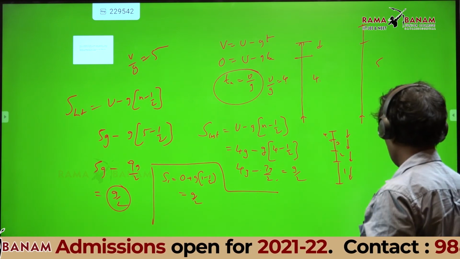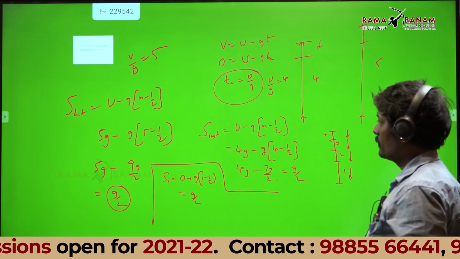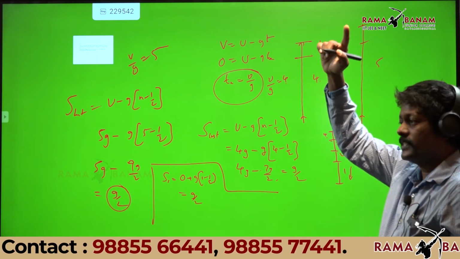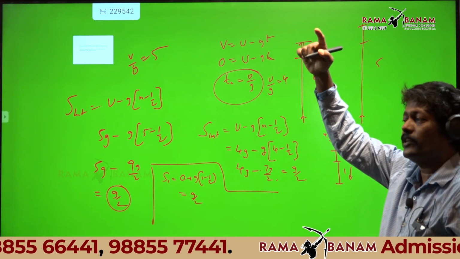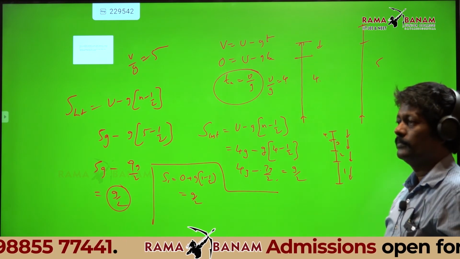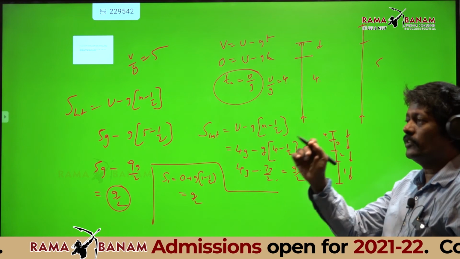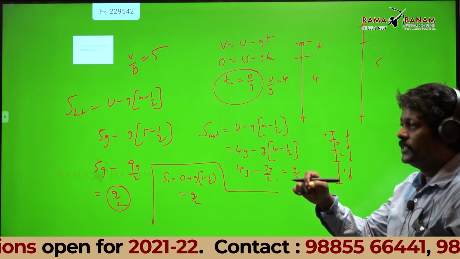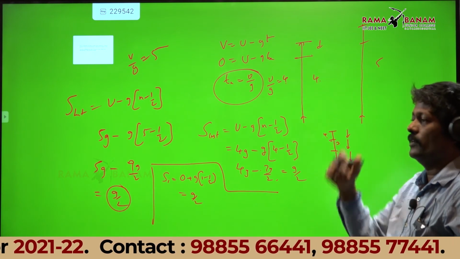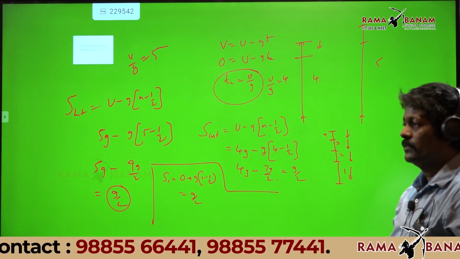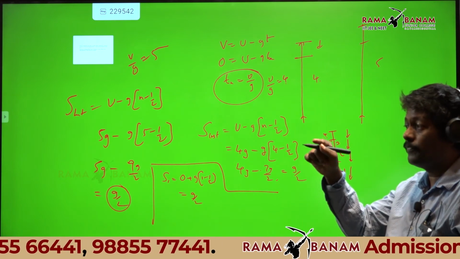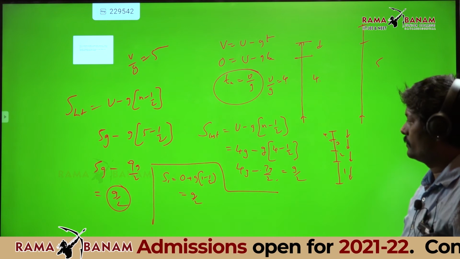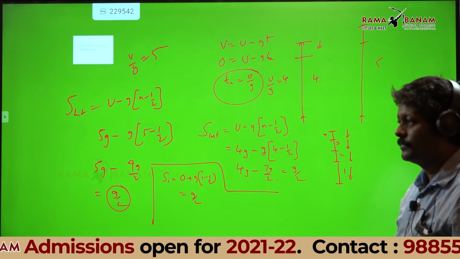Sir, once again, can you repeat the line? The last second of ascent is nothing but the first second of fall. Note down that point. The last second of ascent is the first second of fall. Now here the last second is fourth or fifth.